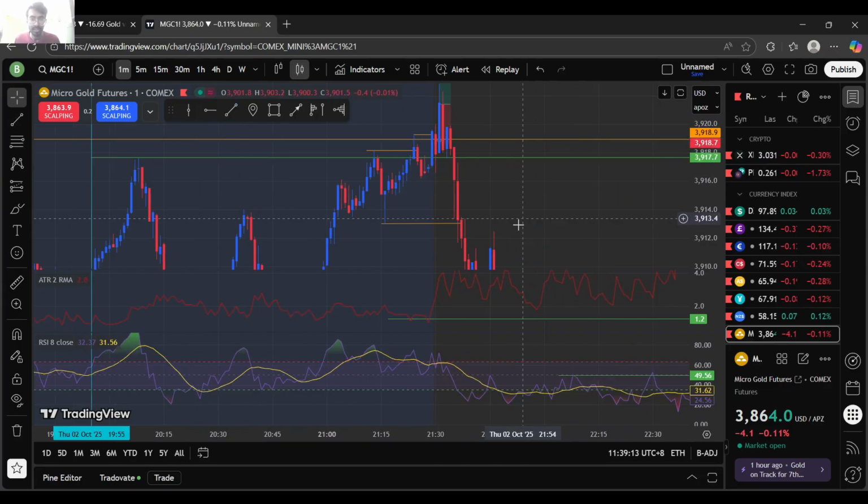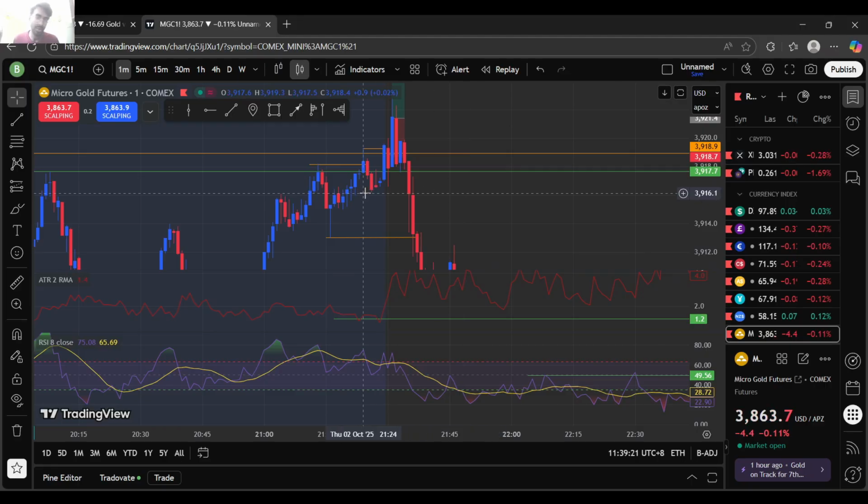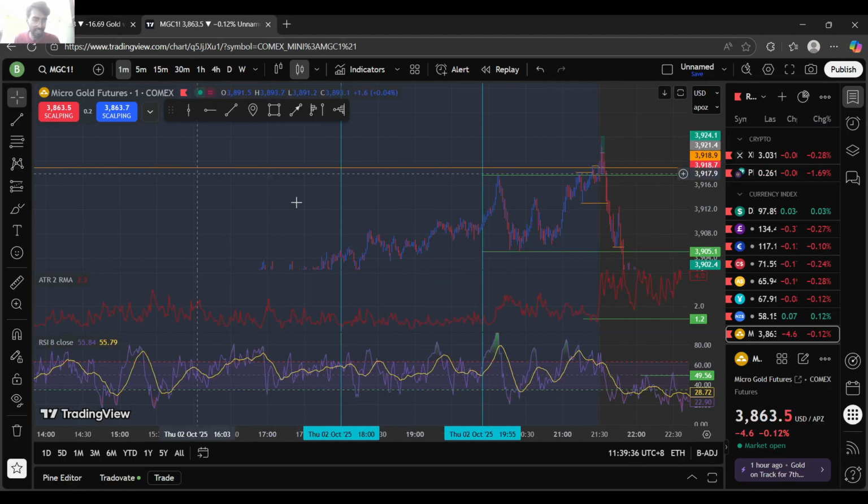Okay, and for this one I did not use the RSI. I used the ATR only. So the ATR volatility pivot did not get retested. Oh, I see what I did here. On this trade I was a bit emotional because of the two losses I faced the day before yesterday.